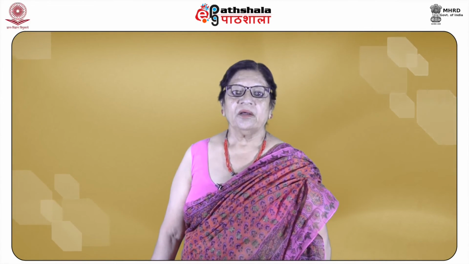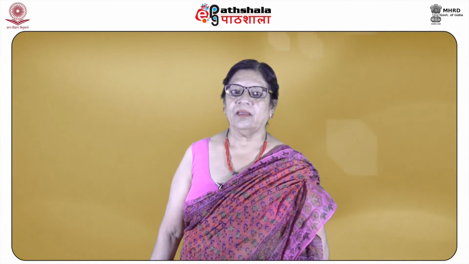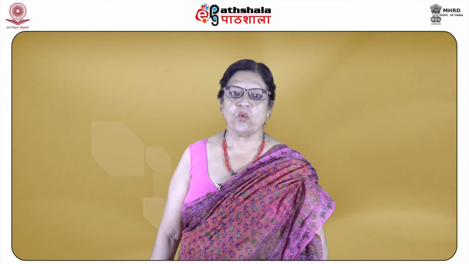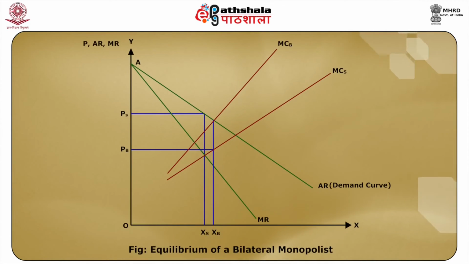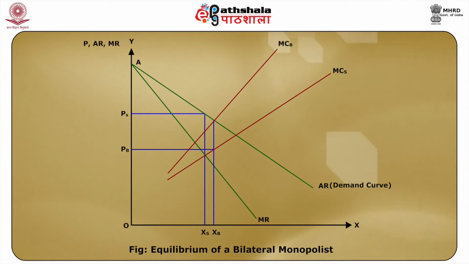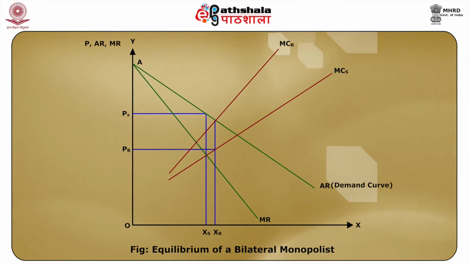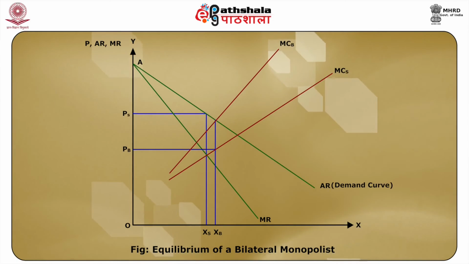However, we can always find the upper and lower limits of price and quantities. This situation is described by the figure. The demand curve facing the monopoly firm is DD and the marginal revenue curve is MR. MCs is the marginal cost curve of the monopolist.